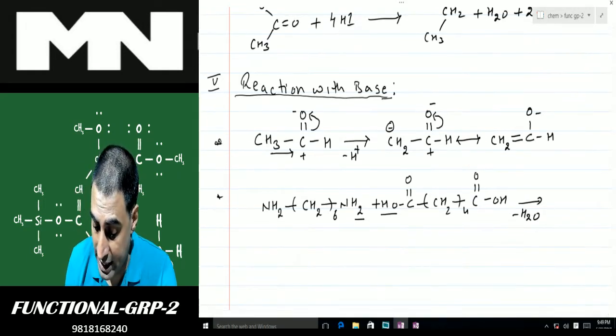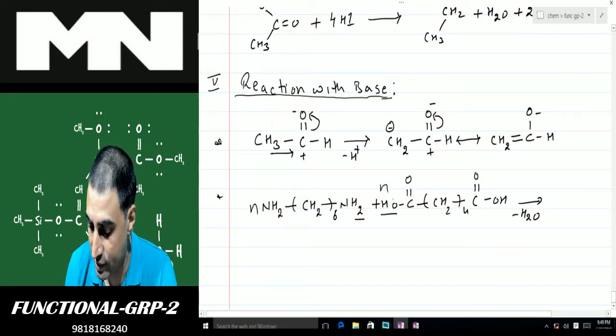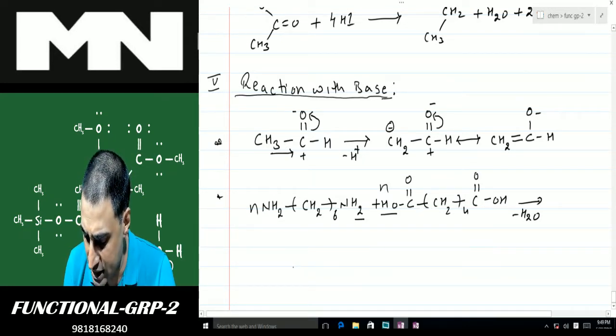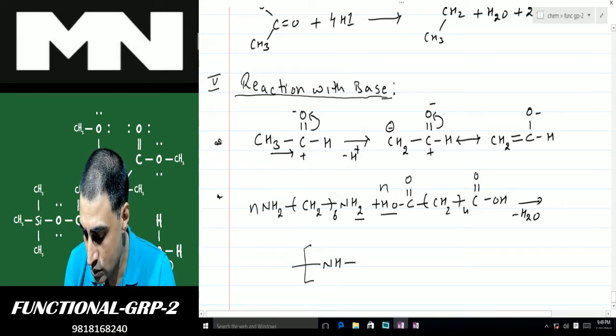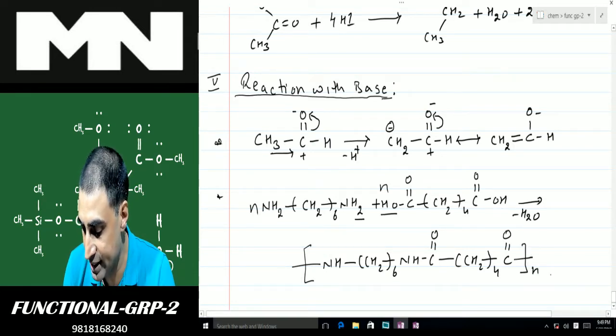So if I have got n number of moles of hexamethylene diamine and n number of moles of adipic acid, they'll release n number of moles of H2O. I get a very long chain like this: NH, CH2 whole 6, then again NH, CO, CH2 whole 4, CO, and this unit will get repeated n times.